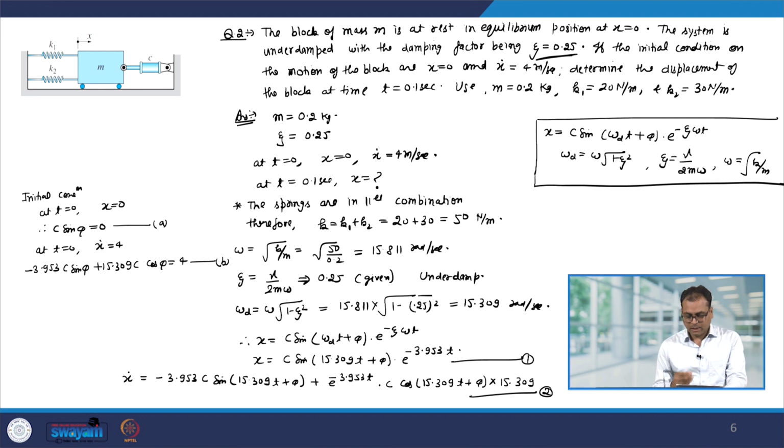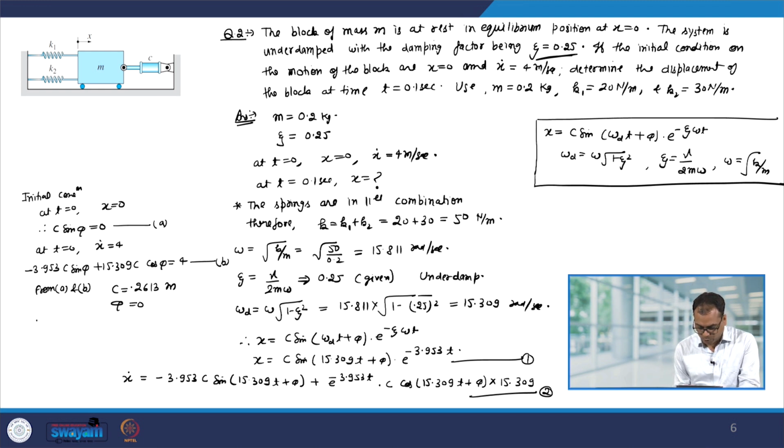Now, in A and B there are two equations and two unknowns, so that can be found out. From A and B you get C equal to 0.2613 meter and phi equal to 0. Let us put this value in equation number 1 to find out how x varies as a function of t.